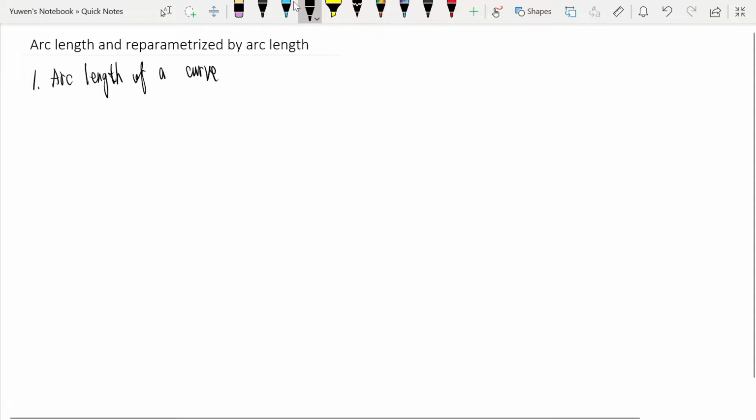From single variable calculus, we know that a plane curve r equals r(t), which we may write as x(t) and y(t), with t from a to b.